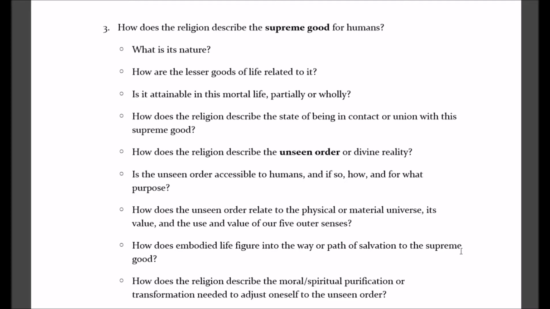How does this unseen order relate to the physical or material universe? Its value, that is the value of the physical material universe, and the use and value of our five outer senses. Okay, so that's a really important question, because there you're trying to see these two orders, the unseen order and the physical order, as in some sort of relationship, either one of equal metaphysical status, like equally real, or, as in many cases, one is dependent on the other.